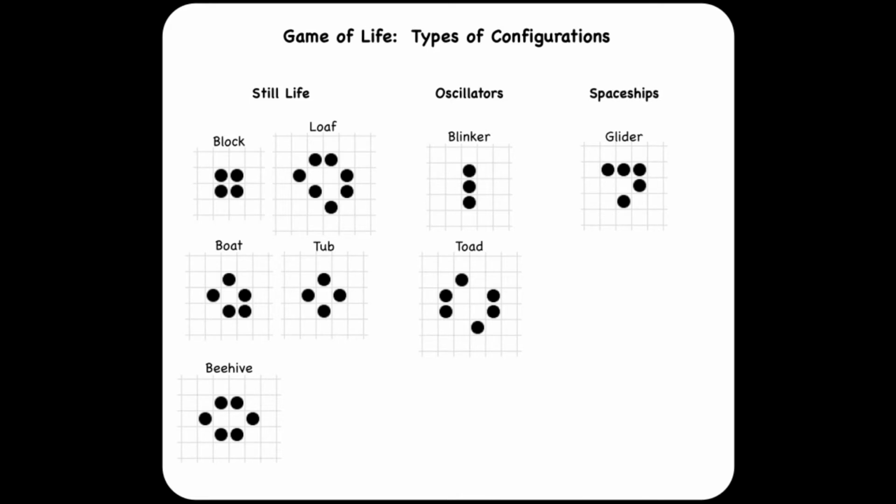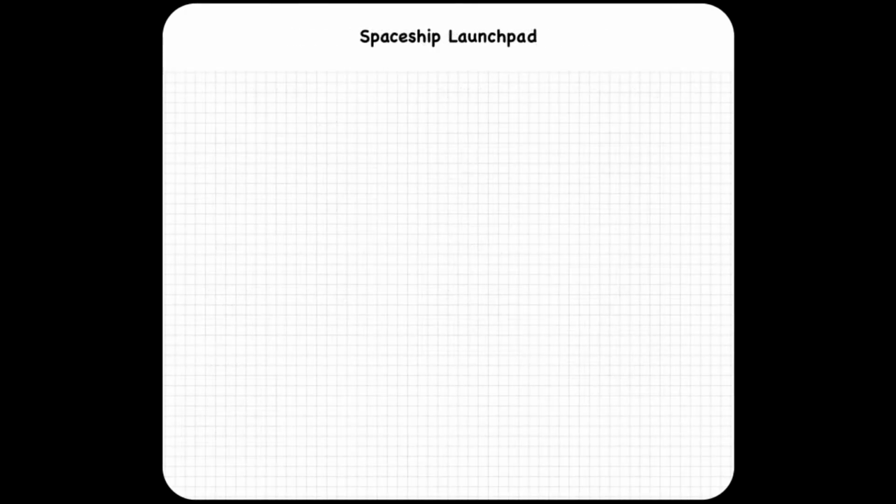Here's the categories: Still Life, Oscillators, and we had a heading glider. We're now going to change that to Spaceships. And there's the new configuration. Let's turn it sideways and launch it again on this spaceship launch pad and watch as it moves. It's called a middleweight spaceship.